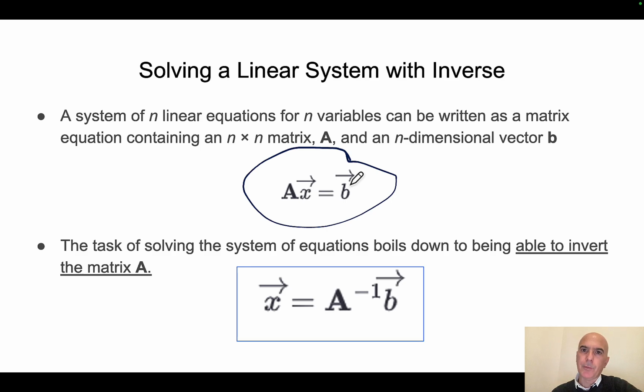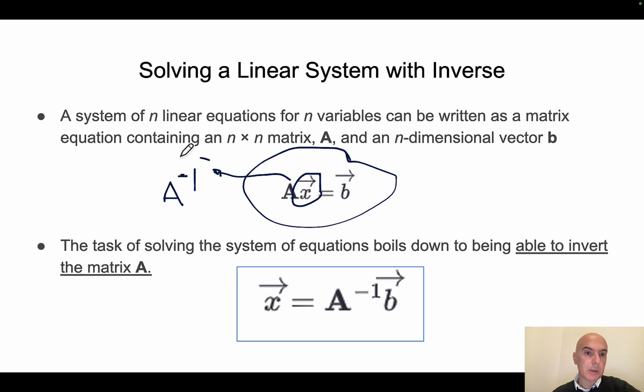So how do we solve this linear system? That means, how do we find the components of the vector x, which is our solution? Well, the task of solving the system boils down to being able to invert the matrix A. The most difficult part is going from A and calculating the inverse, which we can call A to the minus 1.